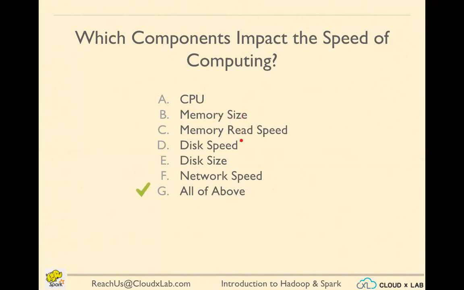And in the case of the problems that I was resolving at, say, Mobi, it was never the CPU, it was the disk speed and disk size, because 200 terabytes of data cannot be processed using a single machine. So all of the above impact the speed of computing, not only the CPU.